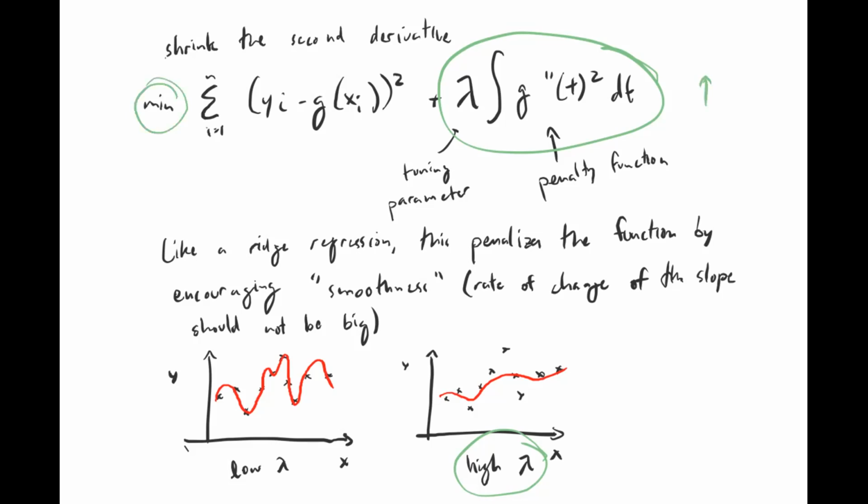So as your lambda goes up, it's going to make your line smoother and smoother and less prone to these larger and abrupt changes.